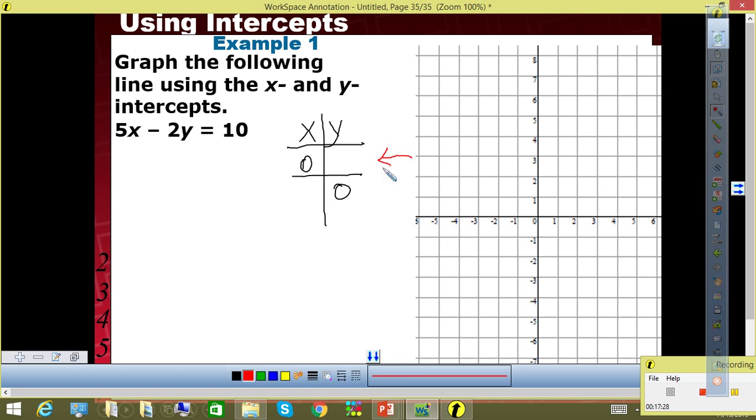It's the y. So this is what's going to happen. We end up saying 5 parentheses 0 minus 2y equals 10. What is 5 times 0? We're left with negative 2y equals 10, divided by negative 2. y equals negative 5.